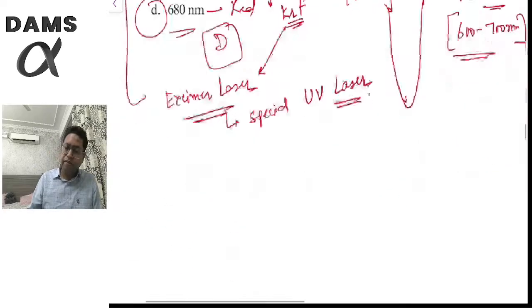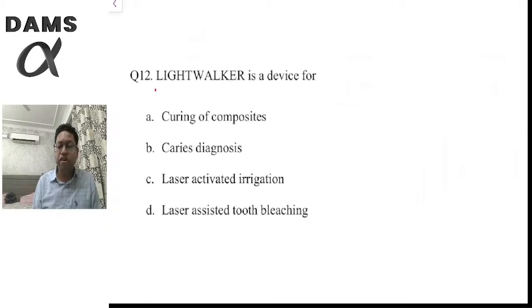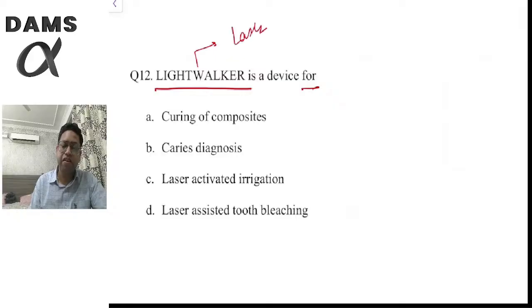Okay. Coming over to question number 12. The Lightwalker is a device for. It is a brand name of the commercially available device that is given over there. Lightwalker. It is a device for curing of composites, caries diagnosis, laser activated irrigation, or laser assisted tooth bleaching. Now, Lightwalker, it is a laser irrigation system. That is something you have to remember.